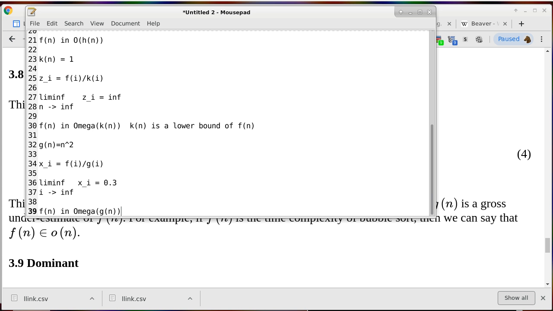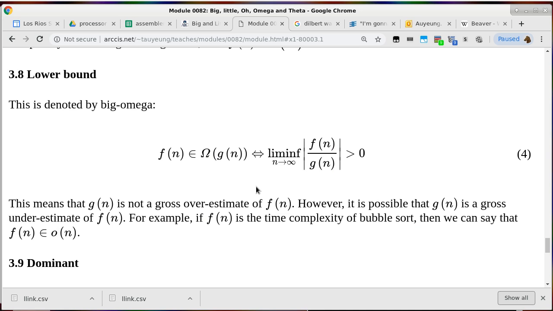So this is actually what we are looking for. We are looking for something that is both the upper bound and the lower bound of the exact time complexity of an algorithm. Is that okay? Are there any questions about these concepts? That's the big O notation. That's the big omega notation.